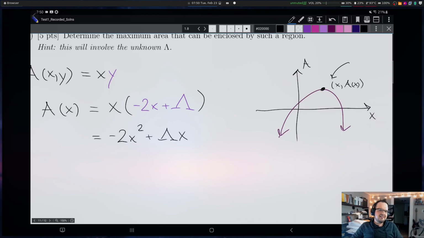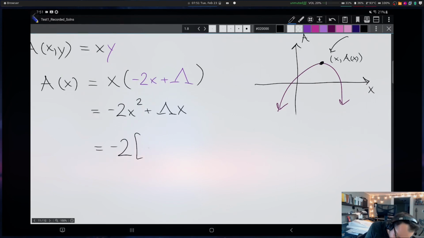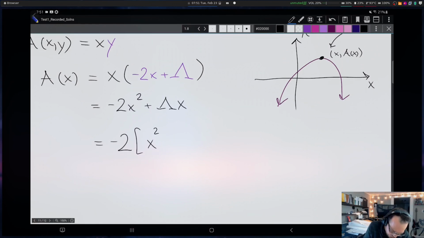Well, really the only technique we have here is to put it in vertex form. So I'll run through the usual business. I'll factor out this -2, because I can only do this trick of completing the square on monic polynomials, where there's a 1 in front of the first coefficient. I need to be a little bit careful, so I need to subtract off a lambda over 2 x.